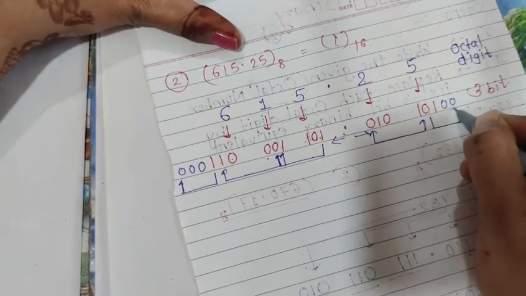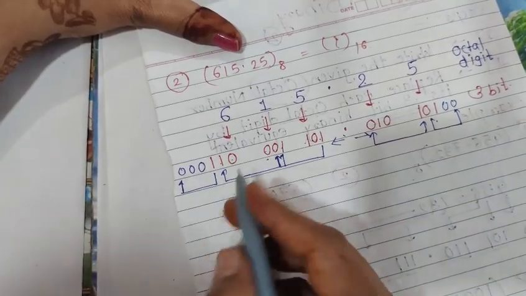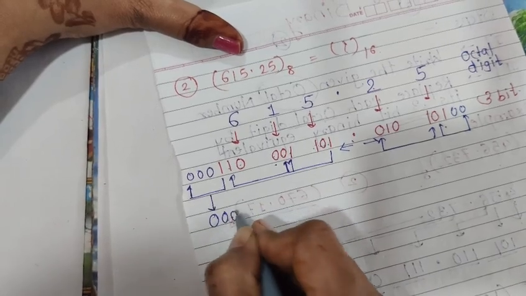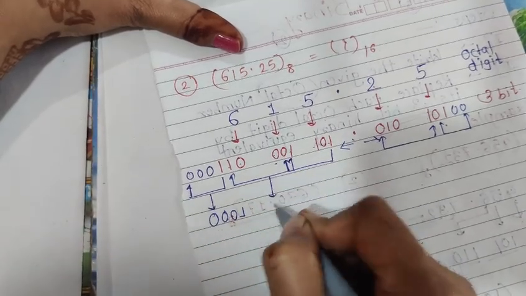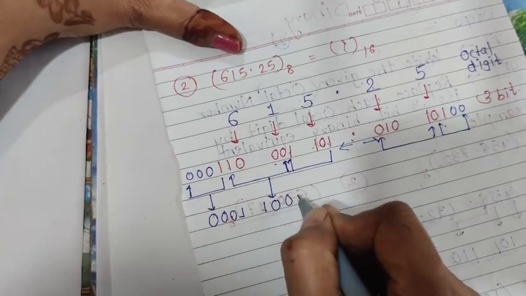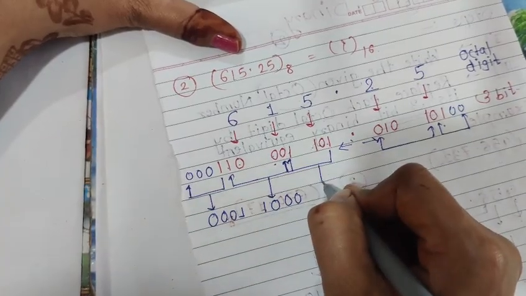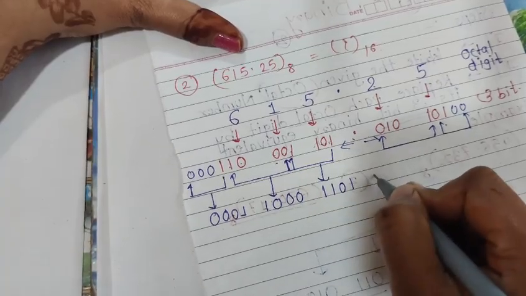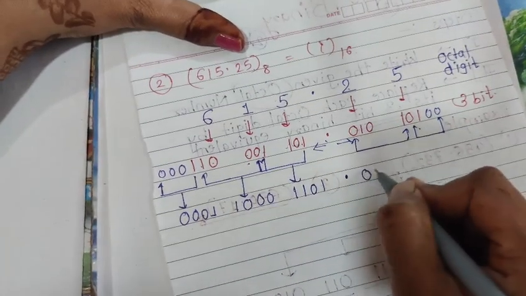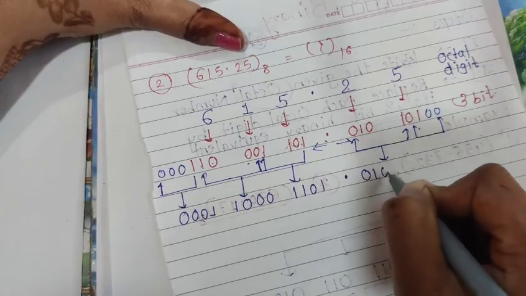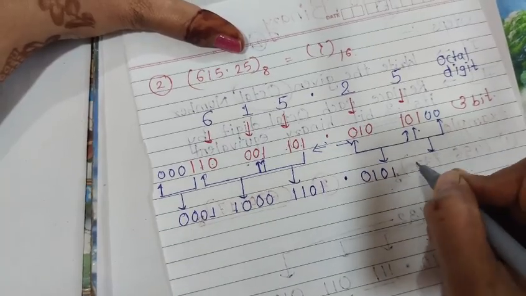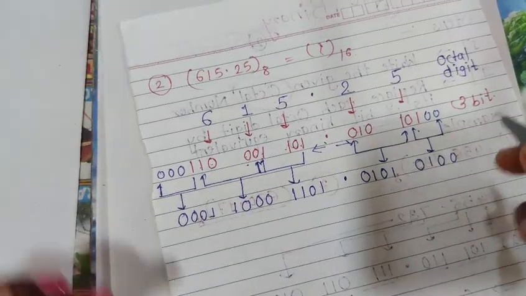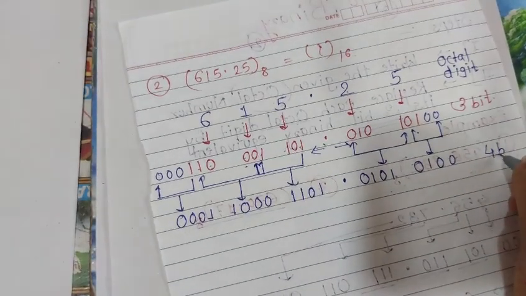So the first 4-bit group is 0001, the second is 1000, and the third is 1101. This is the binary point. Then 0101, and for this, 0100. These are our 4-bit groups.